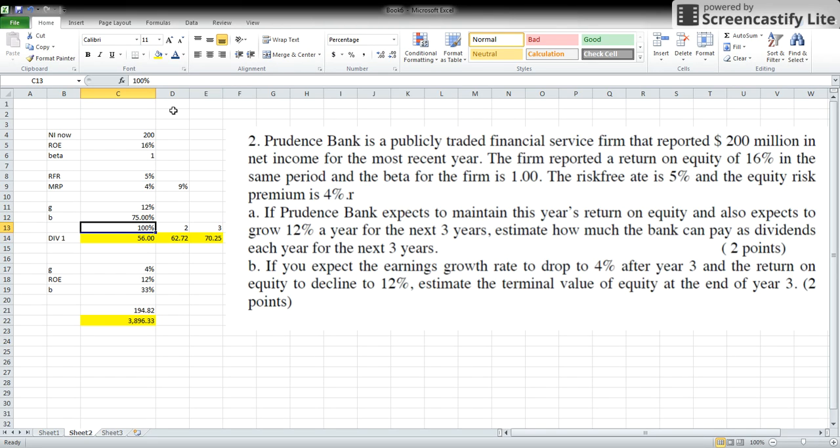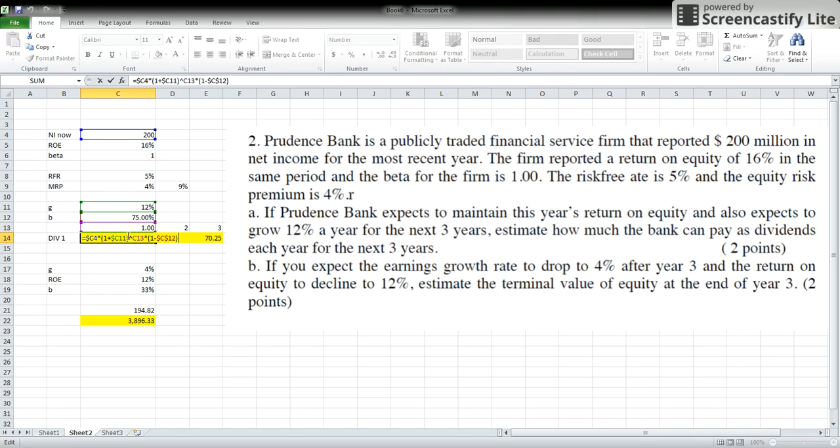So we are required to calculate the free cash flows to equity for the next 3 years. That we can do simply by doing this. So net income 200 million multiplied by 1 plus the growth rate, which is 12%, raised to the power the year number, which is 1 in this case.